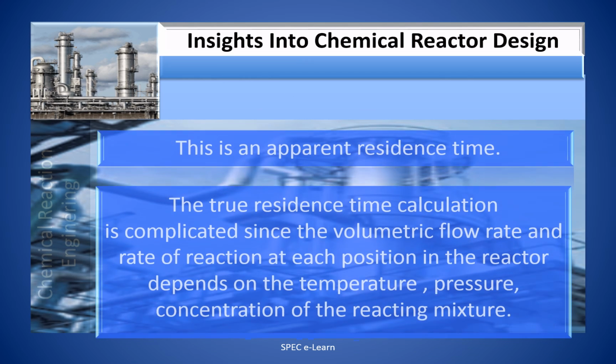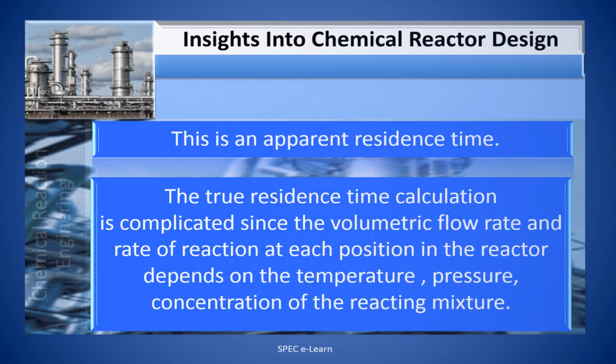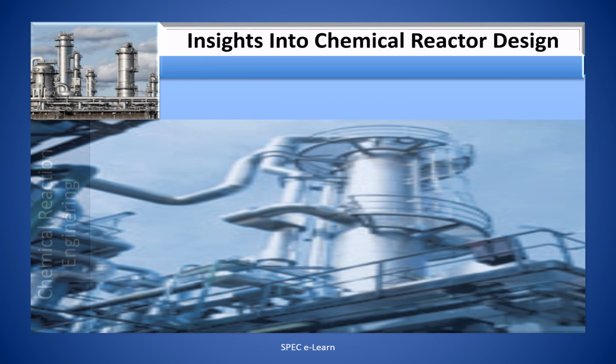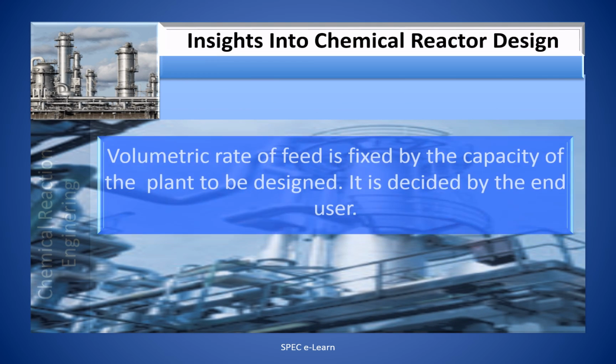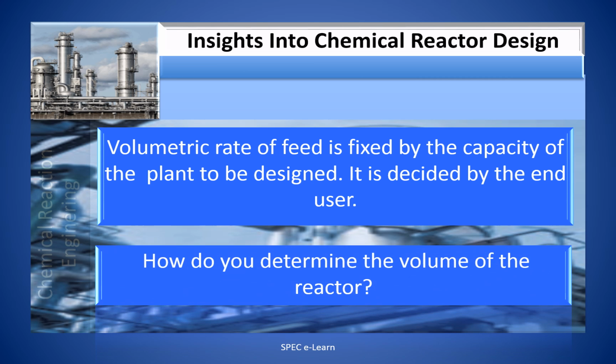This is an apparent residence time. The true residence time calculation is complicated since the volumetric flow rate and the rate of reaction at each position in the reactor depend on the temperature, the pressure, and the concentration of the reactive mixture. The volumetric rate of feed is fixed by the capacity of the plant to be designed. It is decided by the end user.